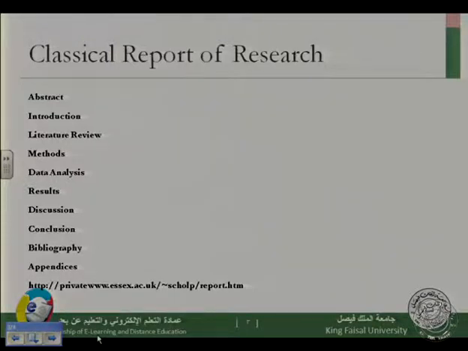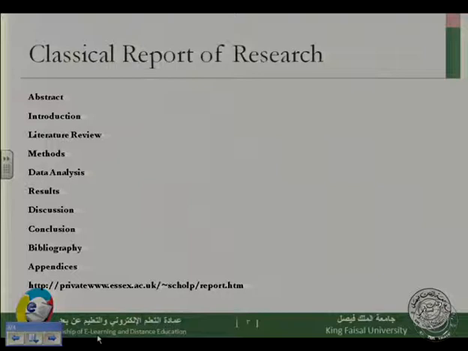So are we talking about articles? If we are talking about articles, these are going to be sections inside the article. But if we are talking about dissertations and theses, these are going to be chapters inside the dissertation.